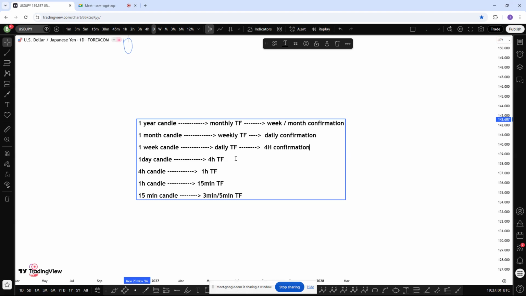4 hour confirmation. Then on the daily candle, key level is on 4 hour. Then we use what? We use 1 hour. 1 hour confirmation.